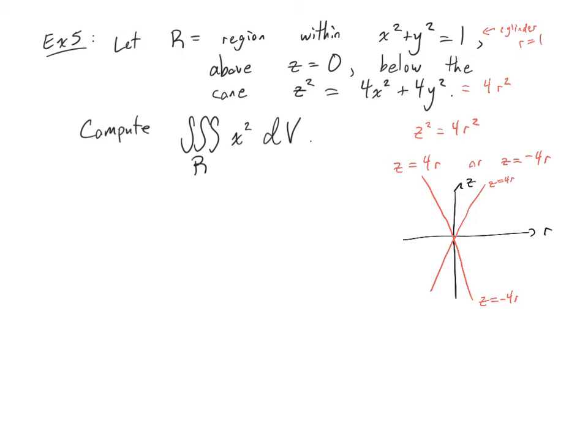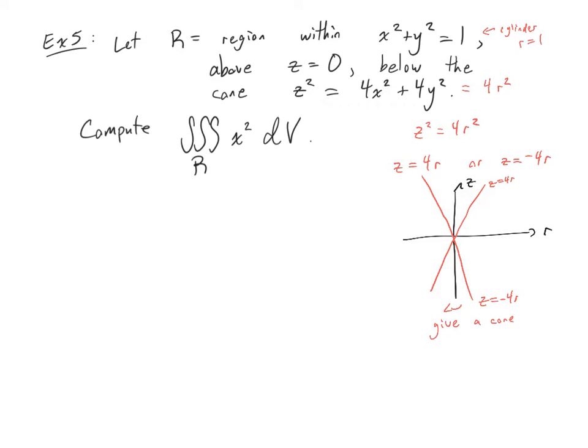And those, when you spin them around, give you a cone, when you rotate them, as I mentioned in the first part of the lecture. So that's why this is a cone. I've just changed the slope of the cone to be 4. And so the region that we're integrating over looks something like this.